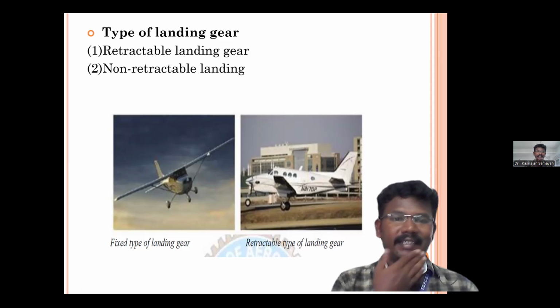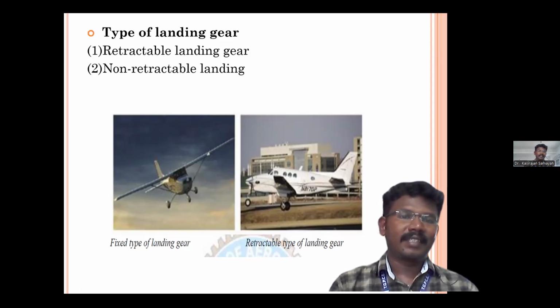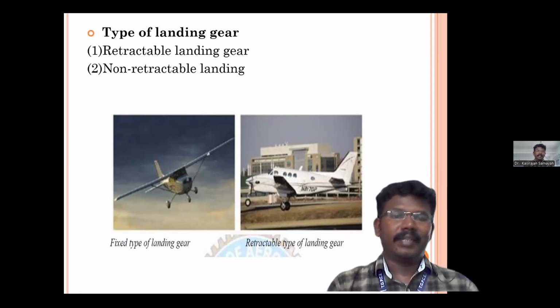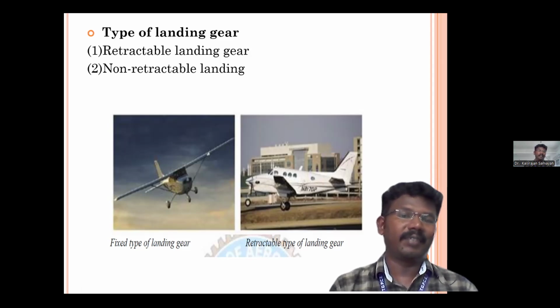And also you can see in the image, the semi-cantilever wings are there. So for that reason we are using this type of landing gear, and the helicopter also has fixed type landing gears. Why are we using fixed type landing gears in the helicopter? Because when we design the landing gears, it's a complex design for the helicopter.